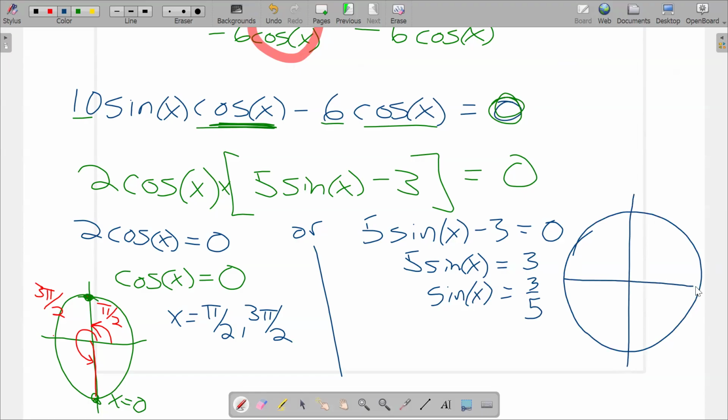On the unit circle, sine is the y value. So that line right there would be y equals 3/5. And from 0 to 2 pi, I want the first two positive solutions. So I want this angle here, and that angle there. How do I find the red angle?